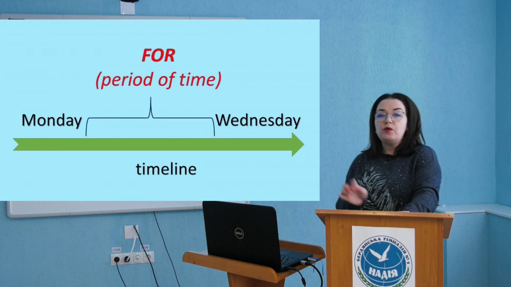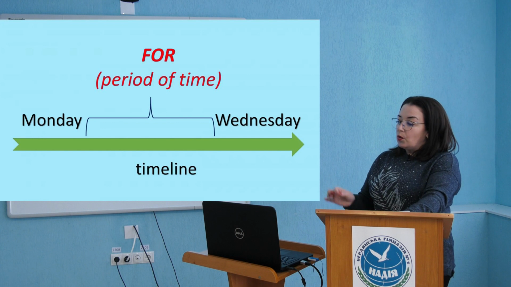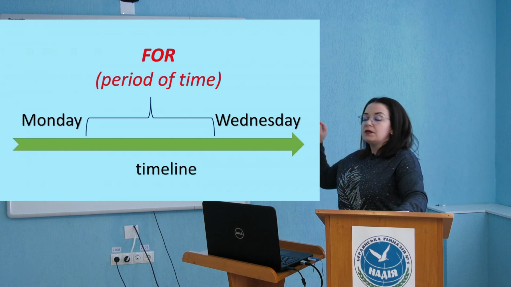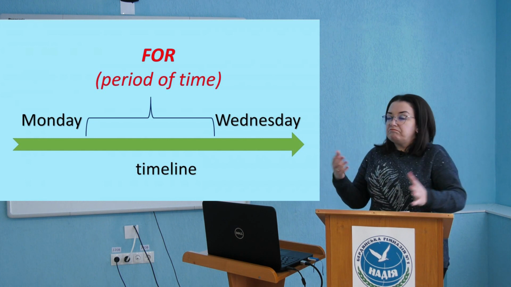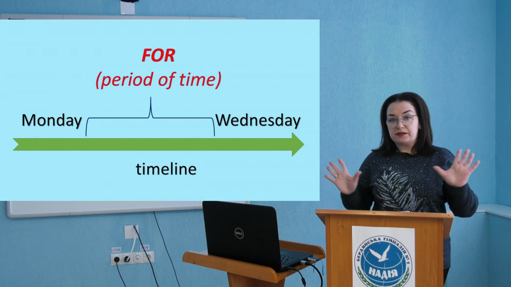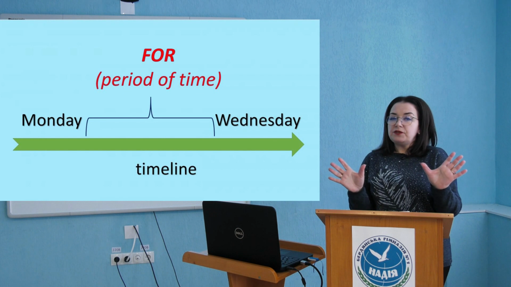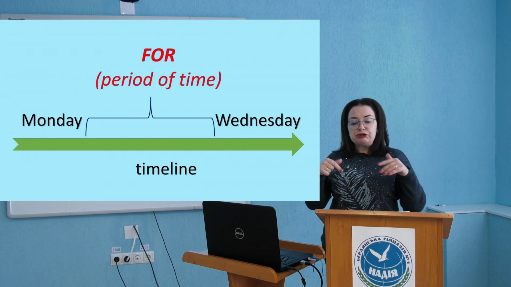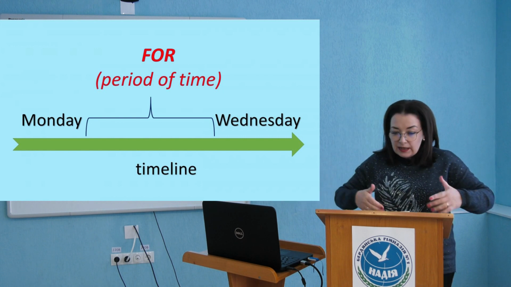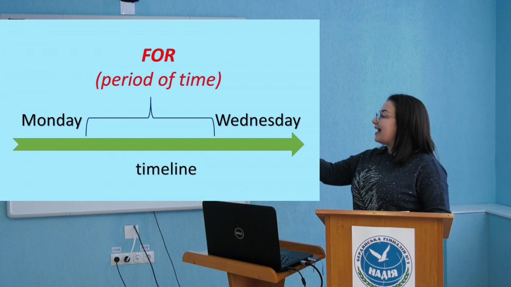So, we use the word for with a period of time. Okay, for example, 3 days. This is a period of time, right? And I want to show you how it works by means of our timeline.